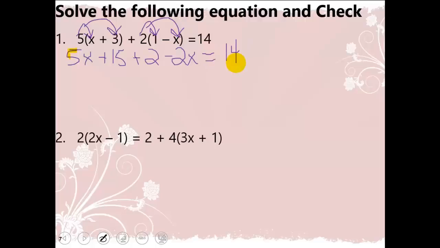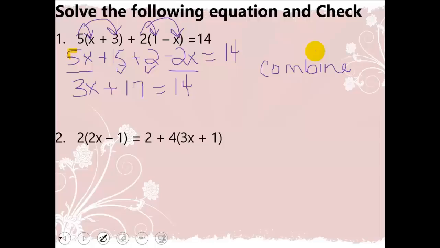I'm going to combine like things on this side. So I have 5x and negative 2x. That gives me 3x. Then I have 15 and 2, plus 17, is equal to 14. Okay, that is combine. Now I'm going to move.